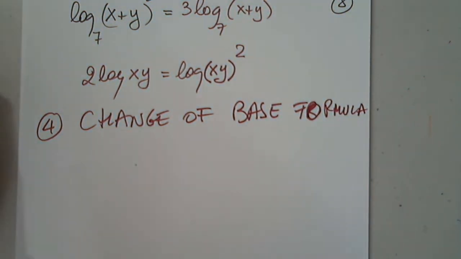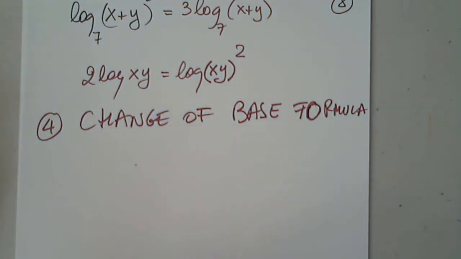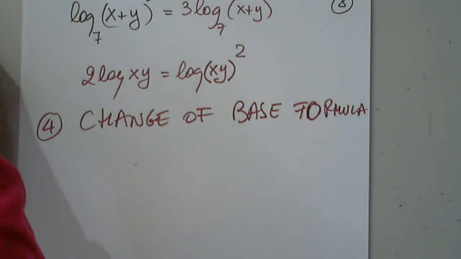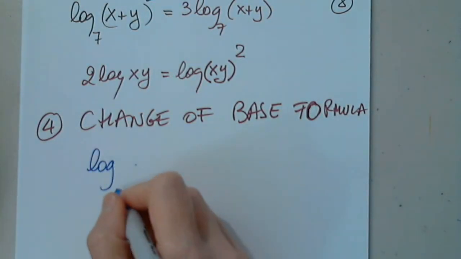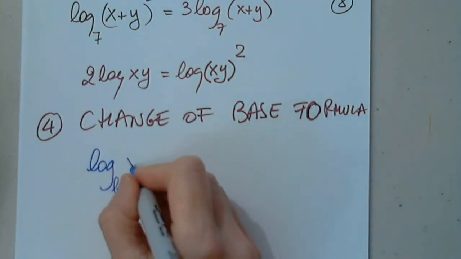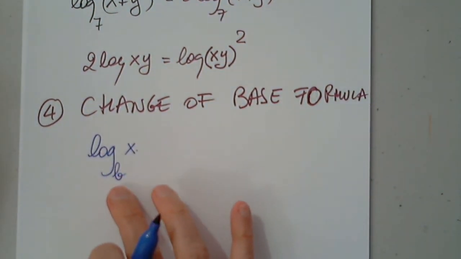Change of base formula. The change of base formula is kind of redundant these days because of the calculator feature, but just in case. So let's say I want to determine log base b of x, and I'll show you with a calculator in a minute.